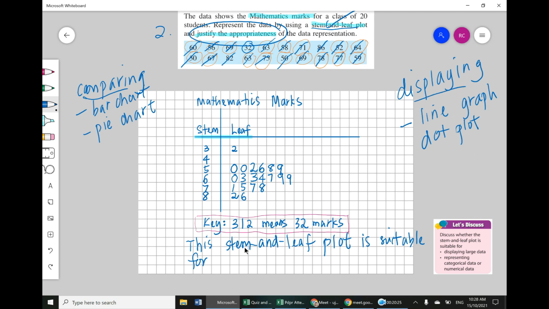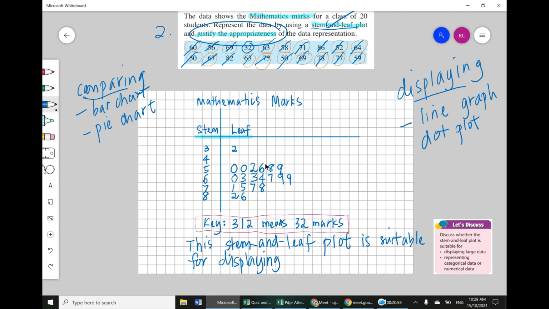So this stem and leaf plot is suitable for what? You still can't get it, is it? For displaying. You know display, the meaning in bahasa Melayu, untuk memaparkan. Menggambarkan. Memapar sebenarnya, displaying. So, untuk memaparkan apa? Memaparkan markah matematik setiap orang belajar di sini.